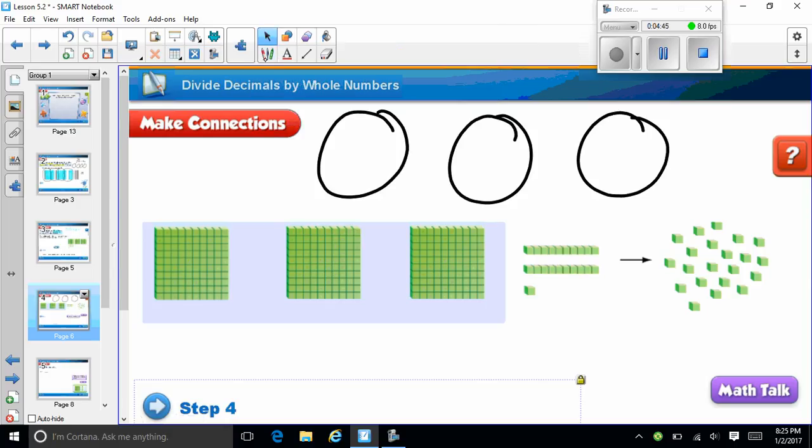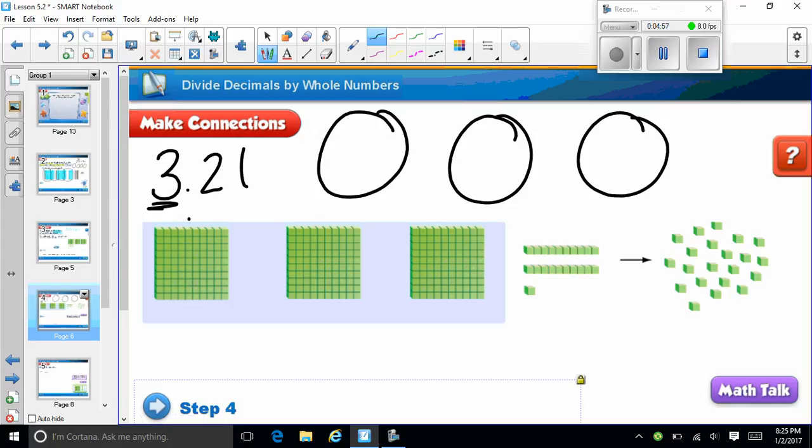I'm going to start with my number in the ones. Since I'm dividing by 3 groups, I have enough for each one. 1, 2, 3. If I go down to my next number, though, in the tenths, I have 2. And I don't have enough to give each group.